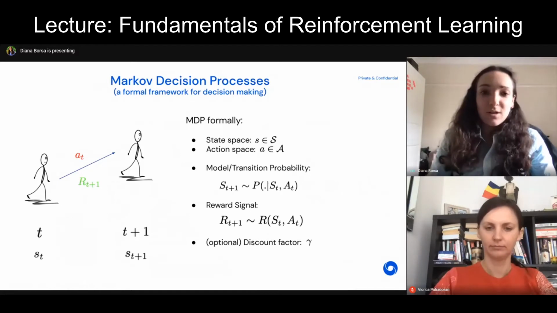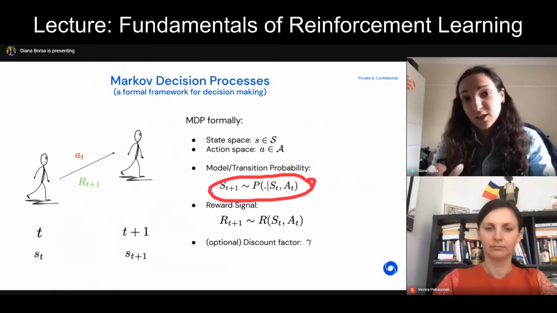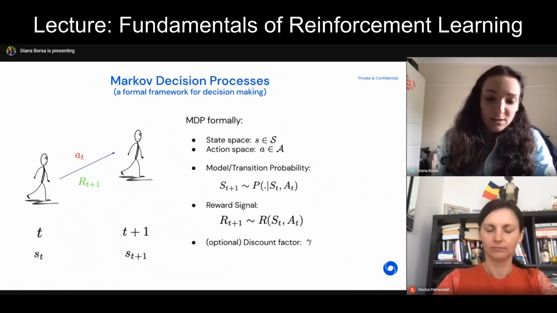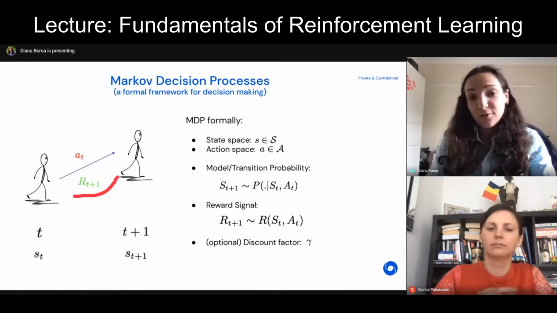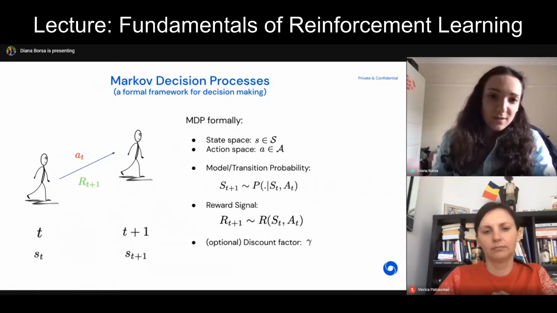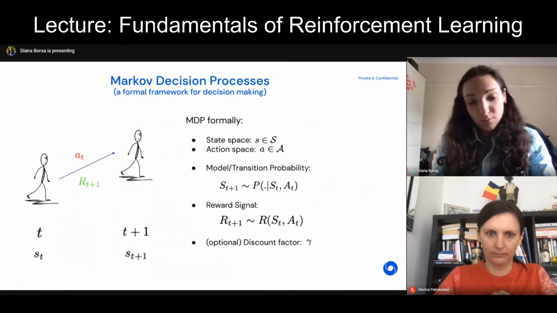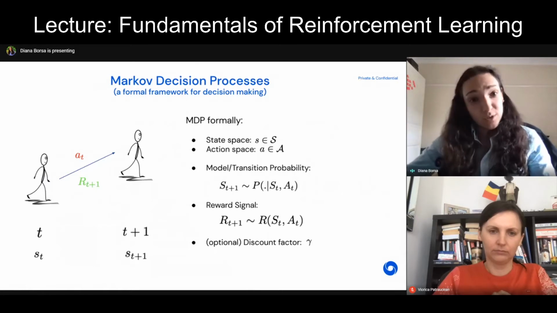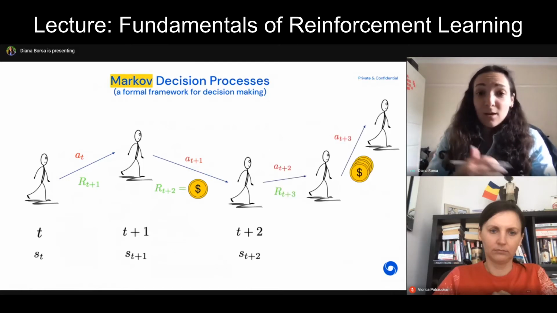Then it transitions to state s_{t+1} according to this probability kernel, which is considered stationary in most RL problems, as well as given feedback from the system, which is a function of the state and action that was taken. Optionally, in the problem specification, we can have a discount factor that says how much more valuable a reward at this point in time is with respect to something that I would get in the future.